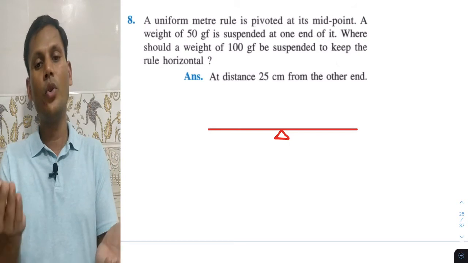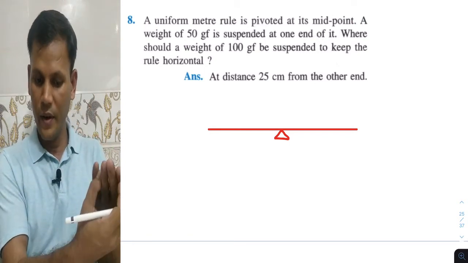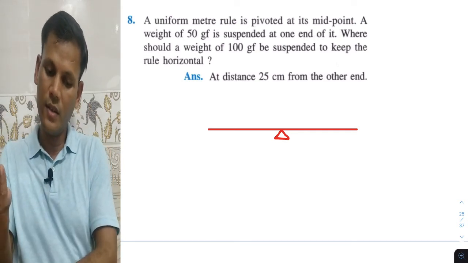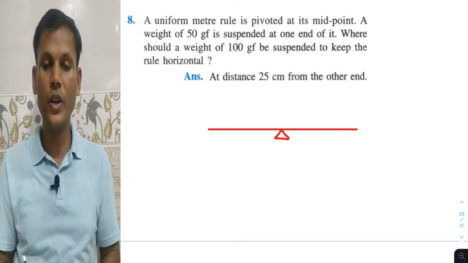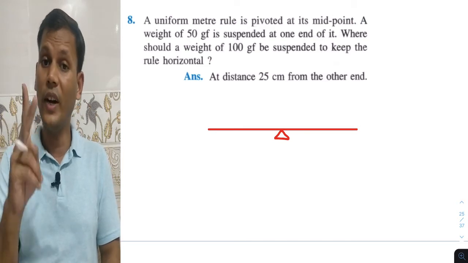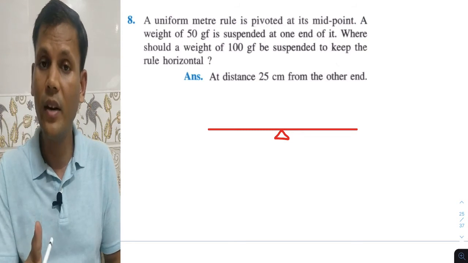So to keep it horizontal, suppose we are applying the weight of 50 gram on this side, and the 100 gram definitely we have to apply on this side, but the position will be different. That is to be calculated. Again I will tell you, two very important points that you have to remember.